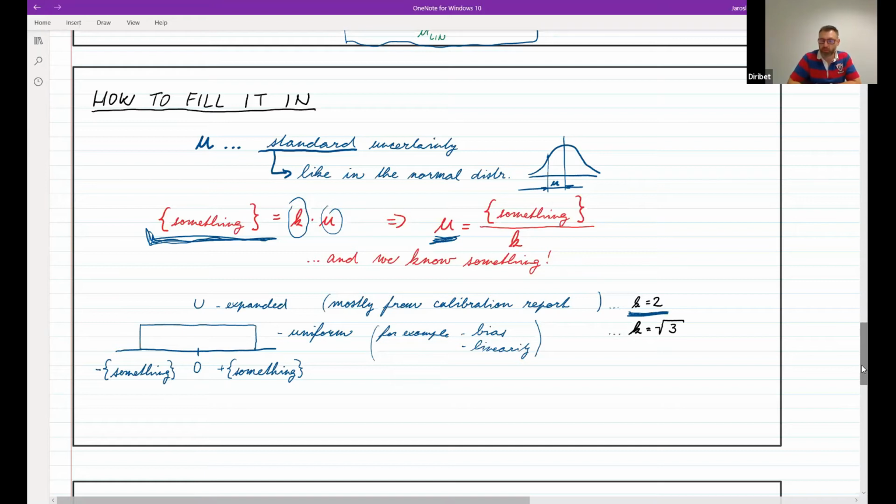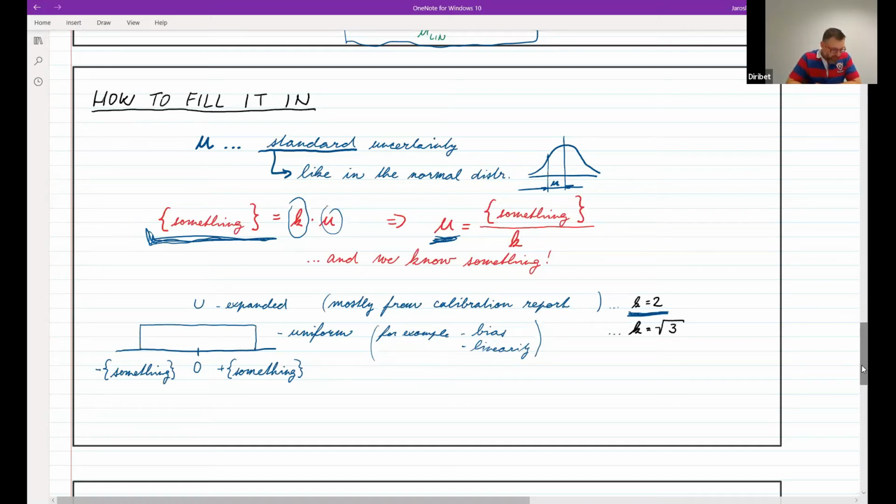So you would go with the coverage factor, or you would go with what is written there, and you will have the constant. So that's one very prominent case, and absolute majority of calibration reports has this 95% coverage, which corresponds to K equal 2. The other case would be uniform distribution.